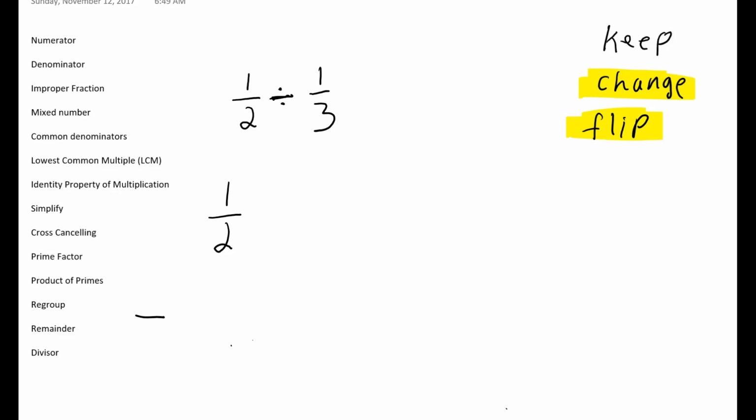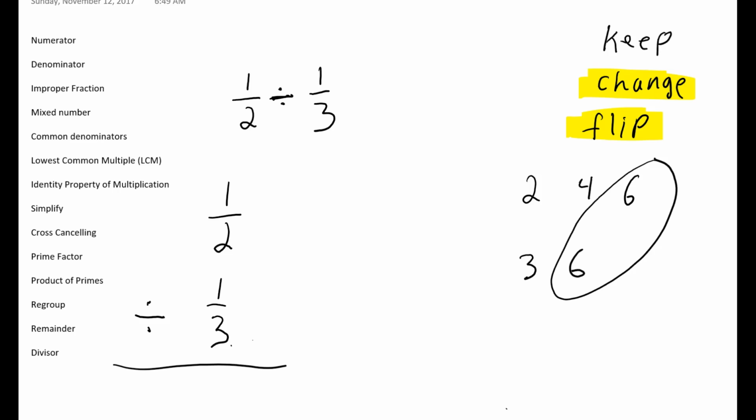The cool thing about this method is you already know how to do it. The only thing different is I find my common denominator, so I'm going to count by 2s: 2, 4, 6. I'm going to count by 3s: 3, 6. They meet right here at 6, correct?